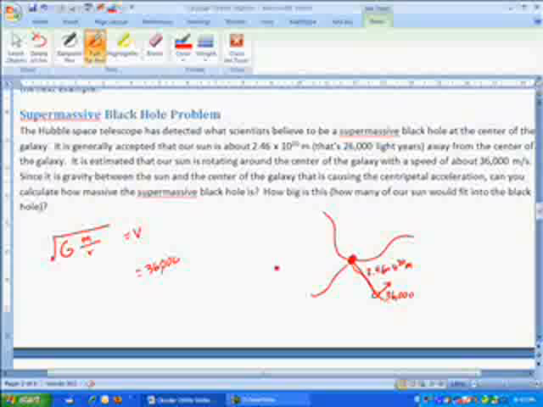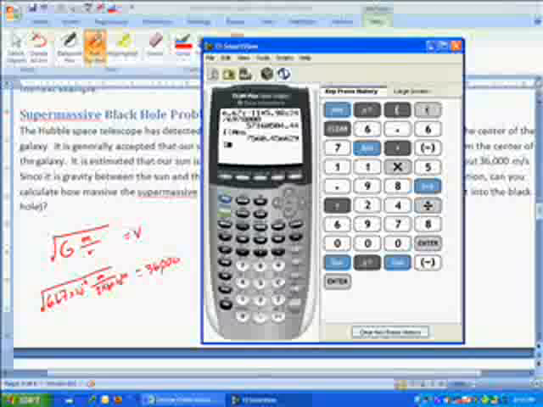And so we'll go ahead and we'll have the 6.67 times 10 to the negative 11th. The mass is what we're looking for. The radius is 2.46 times 10 to the 20th. Okay, so first we're going to get rid of the square root by squaring. So we'll do the 36,000. We'll go ahead and square that.